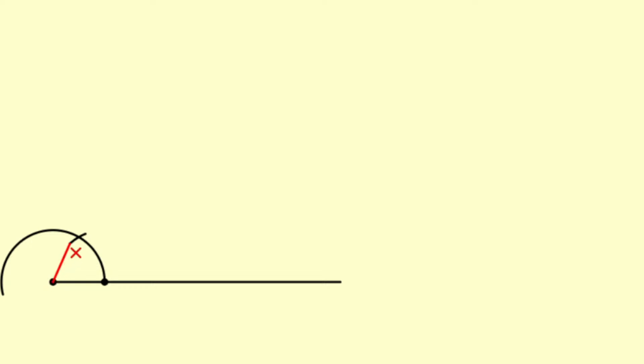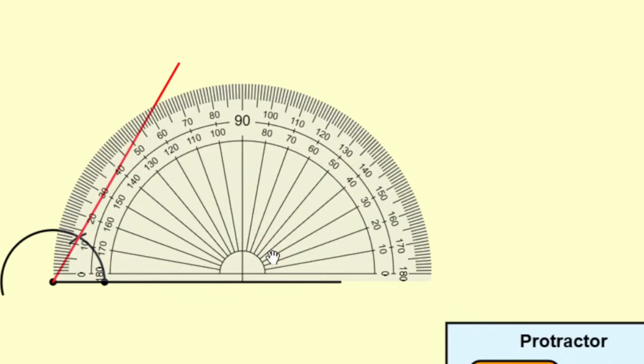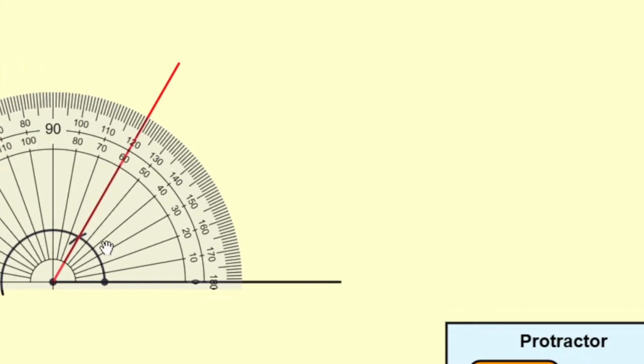With the help of a scale, you have to draw this line. The line should pass through the point of intersection of both the arcs. So this is an angle of 60 degrees. You can check also, keep checking your angles with the help of a protractor. See, I am showing you, this angle is 60 degrees. So exactly 60 degrees I have drawn.